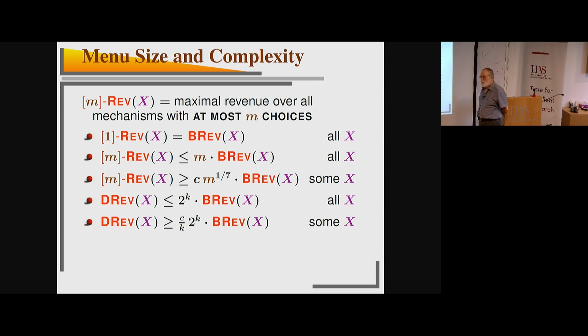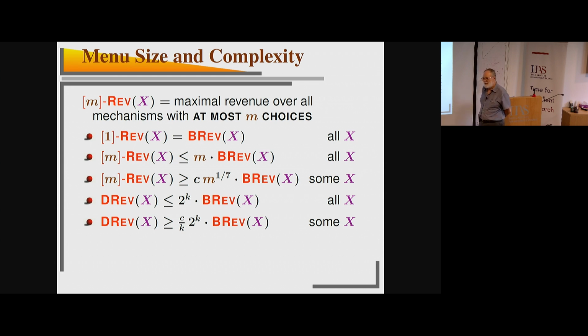The fact that you don't succeed in getting anything from deterministic mechanisms has a lot to do with the Q's being 0 or 1, but can be viewed as coming from the fact that being deterministic restricts the menu size to 2 to the power k. That's the real reason that deterministic mechanisms are unsuccessful.